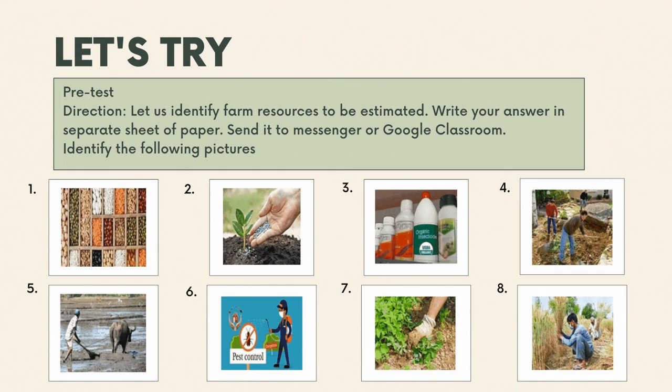But before we start, let's have this activity. Let us identify farm resources to be estimated. Write your answer in a separate sheet of paper. I'll give you time to answer.